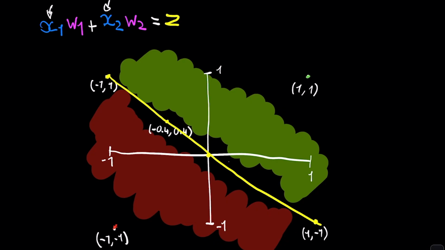Now this line right here, this line where the score is equal to 0, we can call that line the decision boundary. Because on one side of the line, our machine has made a decision. On the other side of the line, our machine has made a decision. But on the line, it's sort of undecided. The point is neither positive nor negative, right? So we call this the decision boundary.